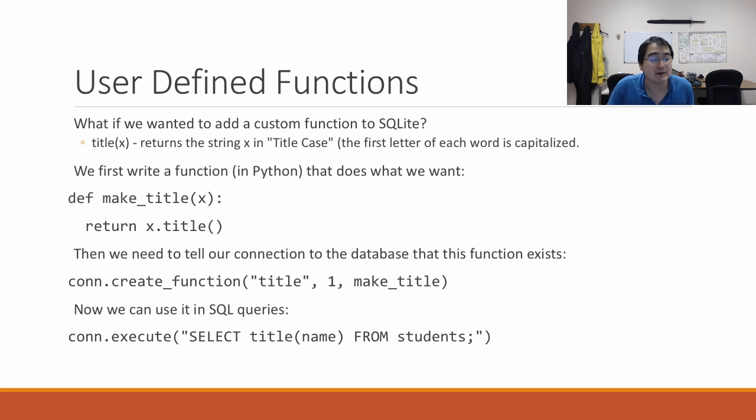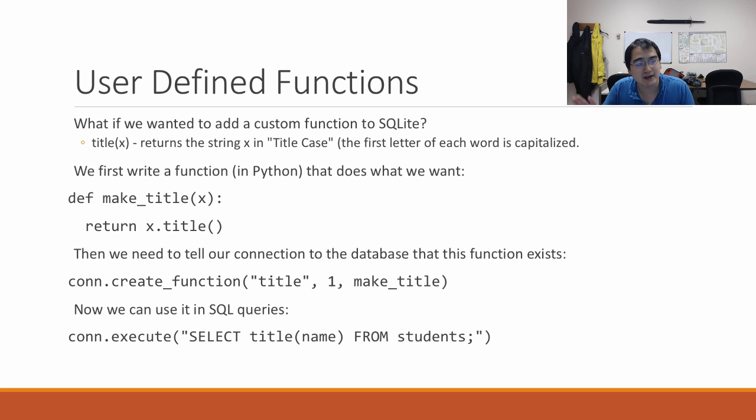And after doing that, you can actually say execute select title(name). Just like this was a normal built-in function, SQLite is perfectly happy to basically say, hey, instead of using my own functions, I should use this wonderful Python function that has been provided for me. And this is a way to convert, for instance, all of the students' names into title case if they, for some reason, didn't capitalize their name correctly.